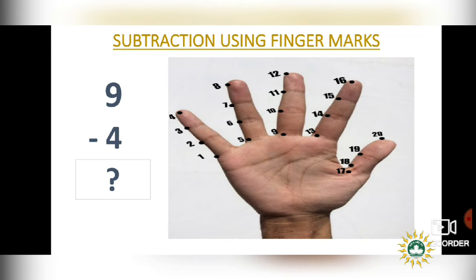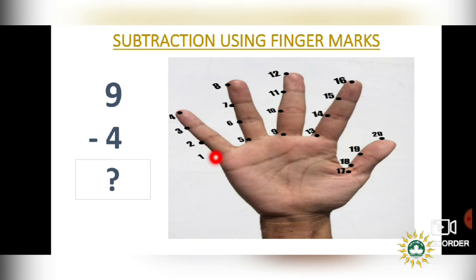Now we will learn subtraction using finger marks. I hope all of you are very much familiar with these finger marks. So let's start. Again, 9 minus 4. So first we have to count the bigger number from which we will subtract.